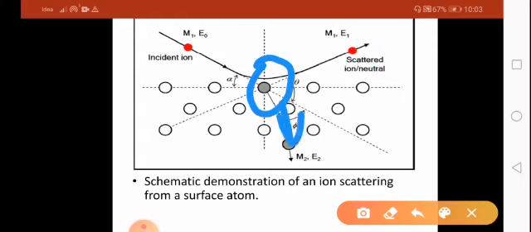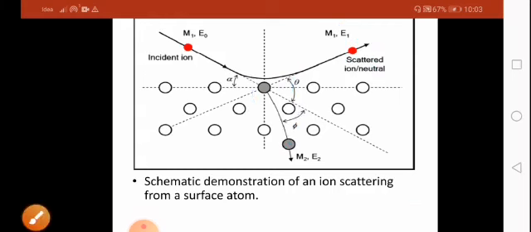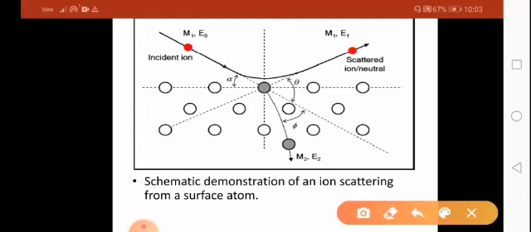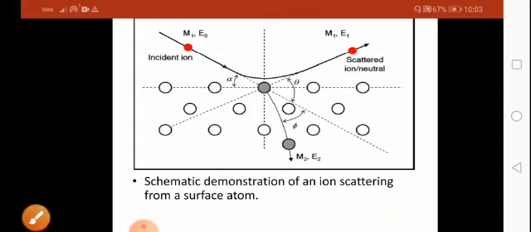It moves in this direction with energy E2 at an angle phi with the original direction of the incident ion, and theta is the scattering angle, calculated from the original direction to the present direction of the scattered ion. That is the basic thing we have to consider here.